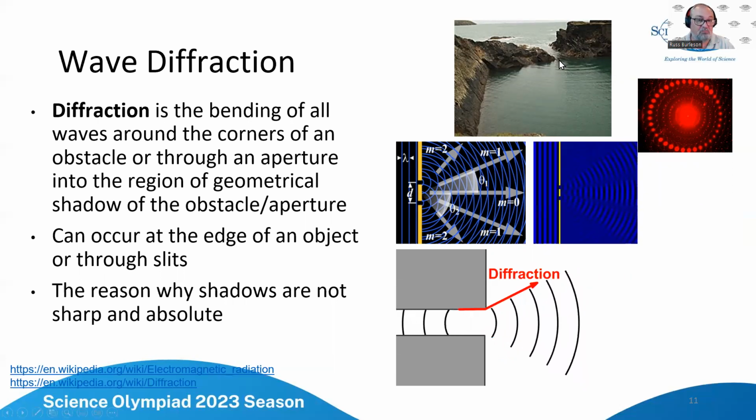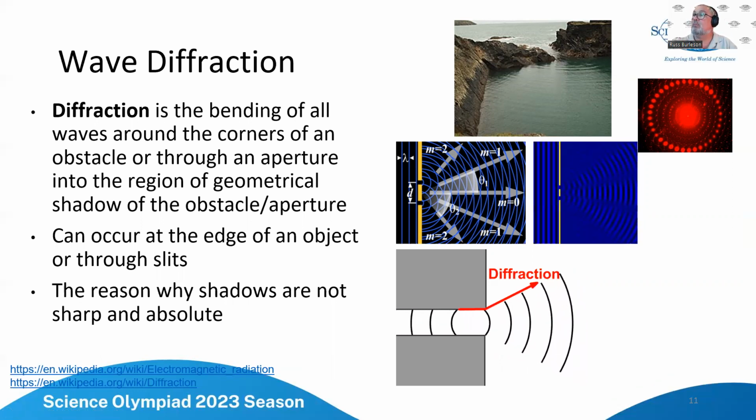Now, you would think if we didn't have diffraction, that wave would just go straight down here and you would see like a straight line of the waves from the ocean going through. But what happens is it bends around here. Okay. So it can occur at the edge of any type of object.